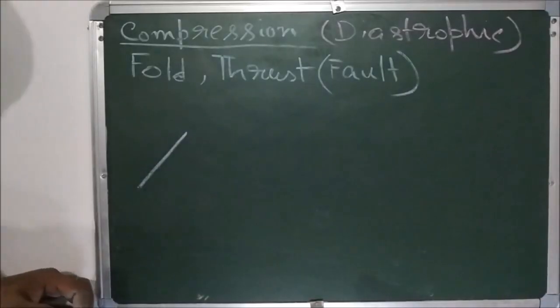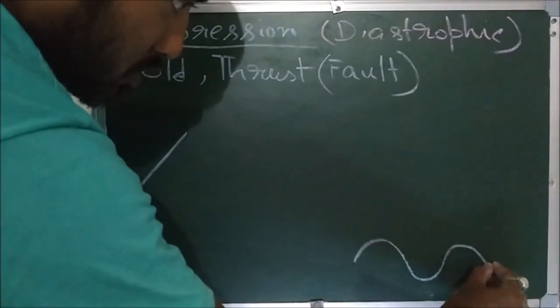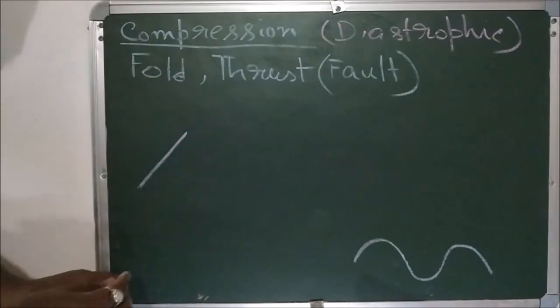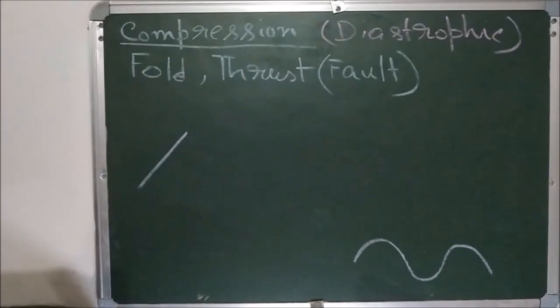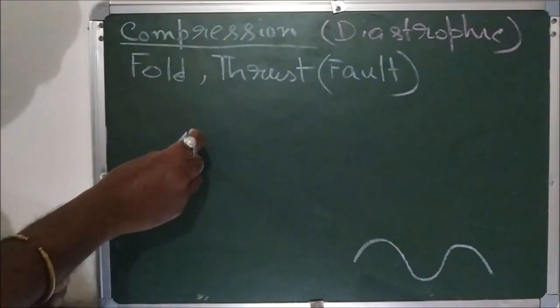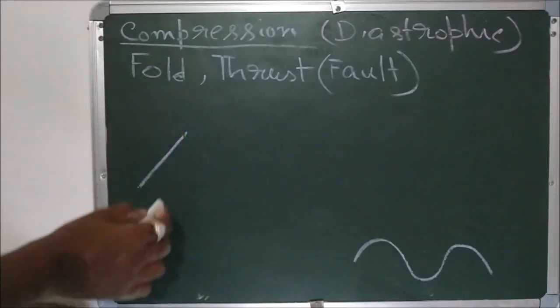Suppose this is a line and we are introduced with what is called a sine curve in trigonometry. So if we move this line, now this is one line in 2D, the three-dimensional line is projected like this.